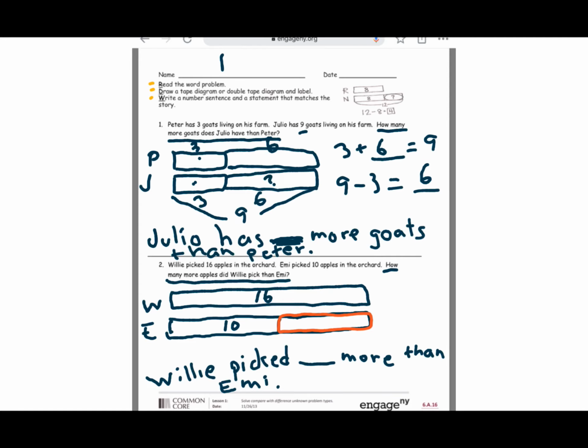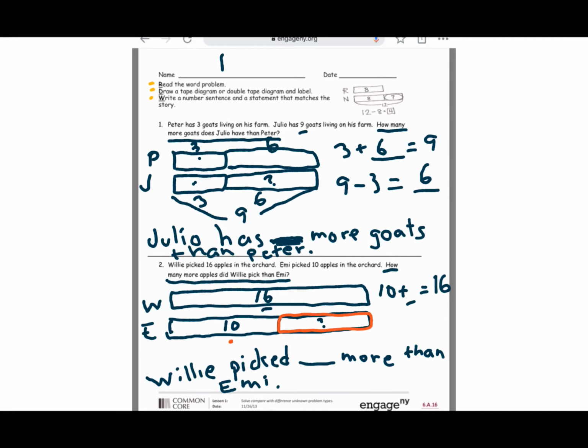Okay, so let's see what number sentences we could write. Well, we could write down 10 plus blank, here's the question mark, equals 16. Or we can write a subtraction sentence.